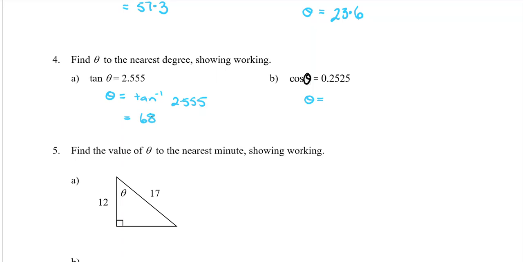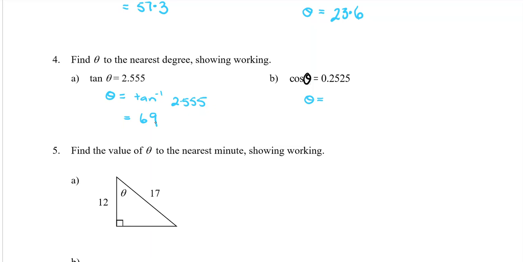Oh, no, sorry. I should read the question. It says to the nearest degree. So I want no decimal places. So is it going to say 68 or should I go to 69? 69, because the next number is above 5, so it will round up.